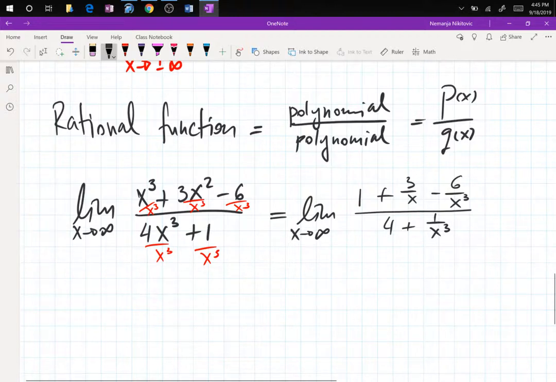How much is 3 divided by infinity? Infinity is very large. So when you divide 3 by it, what do you get? Yes, exactly. You get one big fat 0.